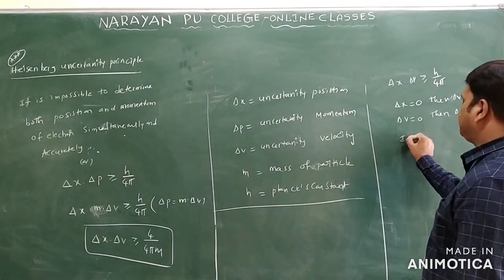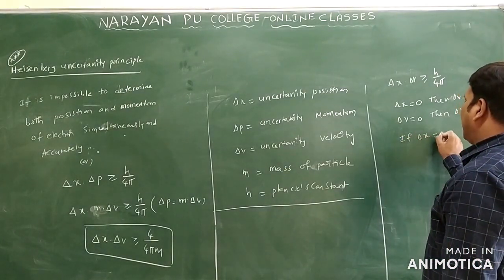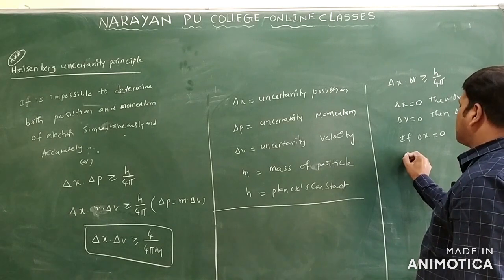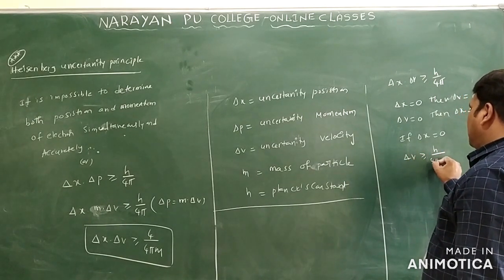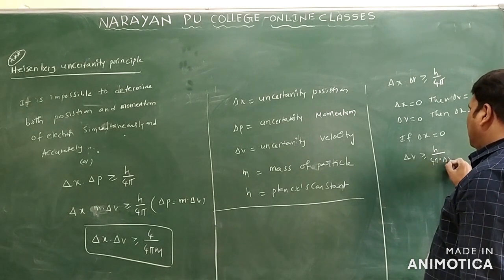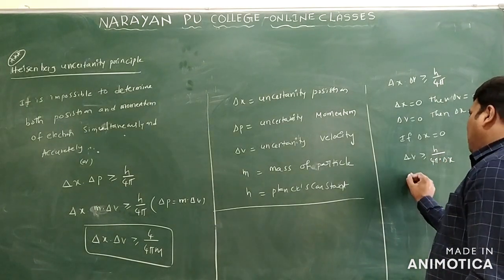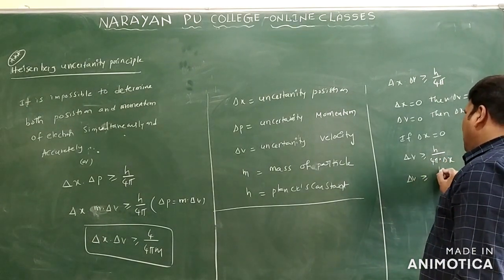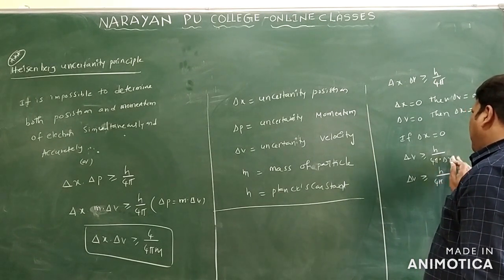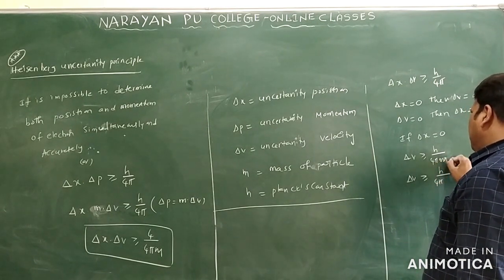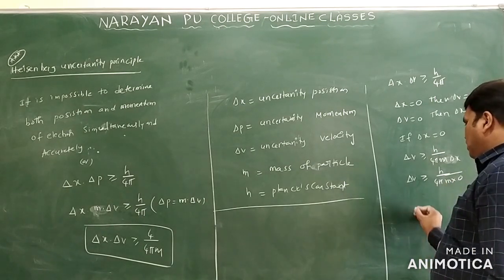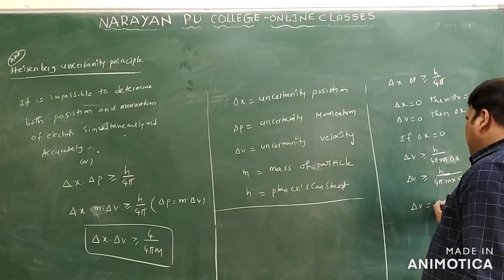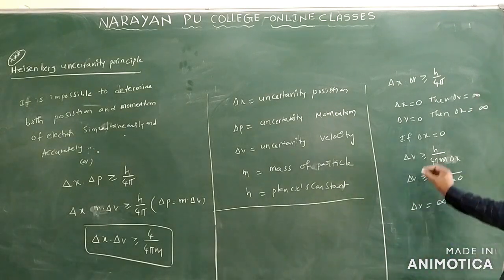Suppose delta x is equal to 0. I will write delta v greater than or equal to h by 4 pi m into delta x. So this is 4 pi m into 0. Then delta v becomes infinity.